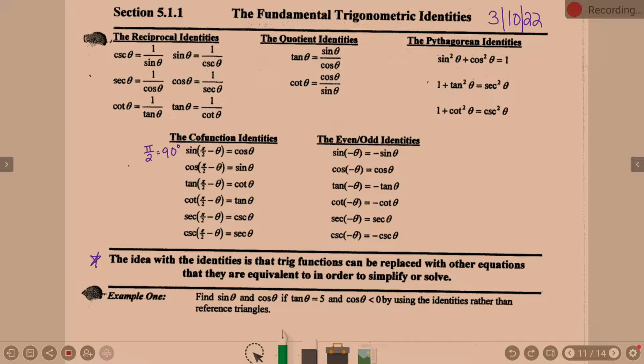Could we use a quotient identity now? We can. Now because I know tangent and cosine, I could use the quotient identity since I know two of the three. Does it matter what you use? It does not. I was going to use the quotient identity to show that option, but if you'd rather try the Pythagorean identity and meet me in the end, then that's fine as well.